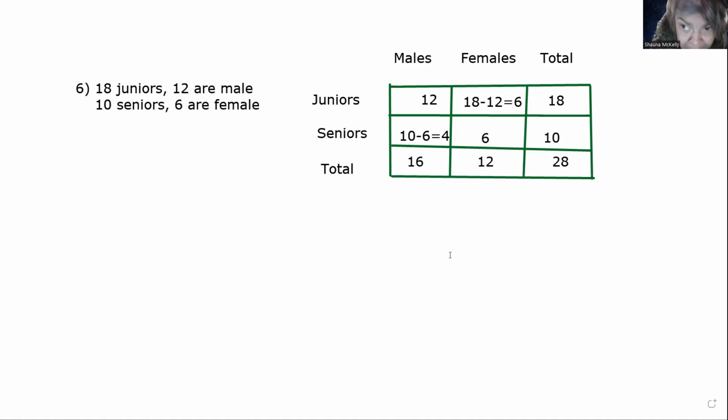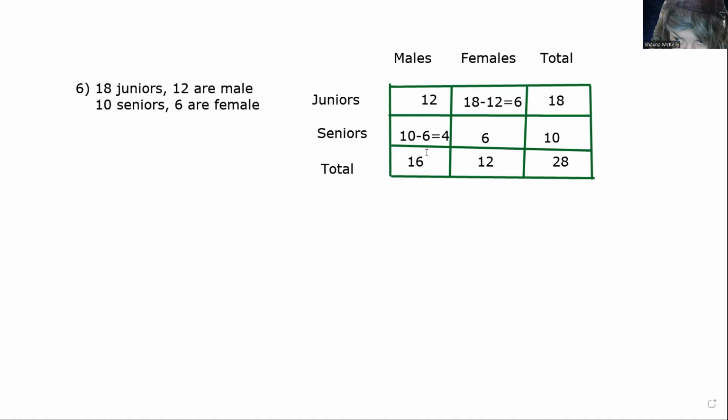When you do a chart like this, especially if you're having to construct it yourself, you want to check your row totals against your column totals. 18 plus 10 is 28, so your column total is 28.